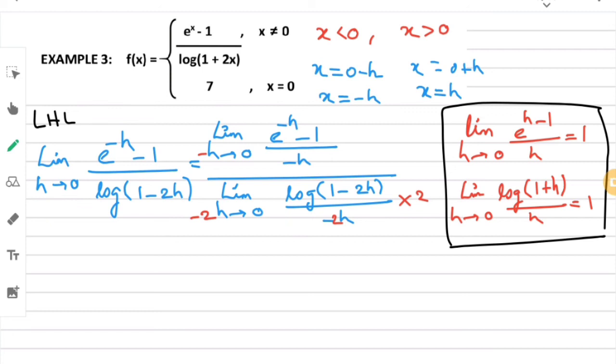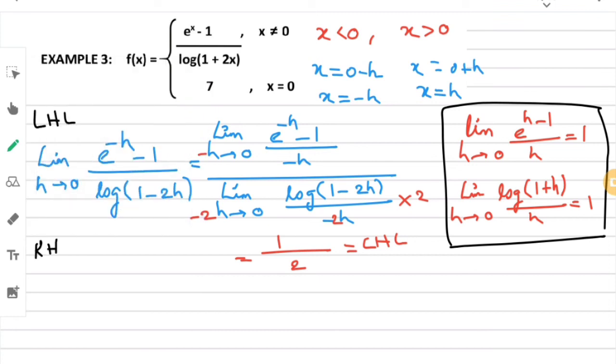Now the value of this becomes 1 and the value of this becomes 1. So 1 by (1 into 2) is 1 by 2. This is LHL. The LHL value is 1 by 2.